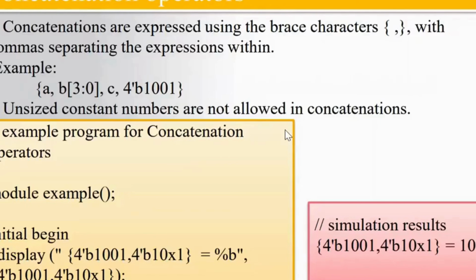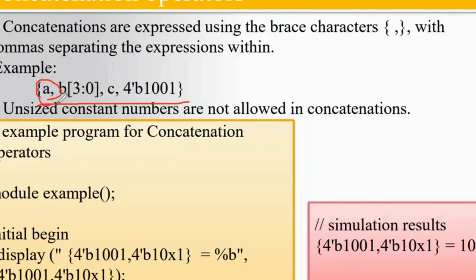We will combine the values according to your statement. Suppose you see here, I am taking some values like a, b of 3 down to 0, c, and 4-bit binary 1000. So how will it work? We will assign some values to a, b, c. Here a is taking all the value, whatever a's size.